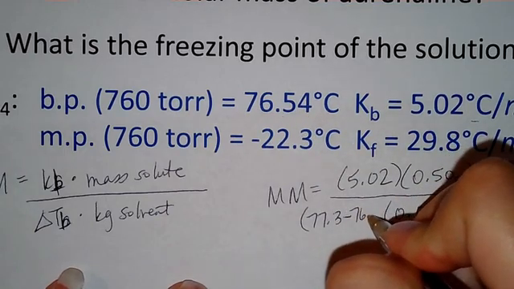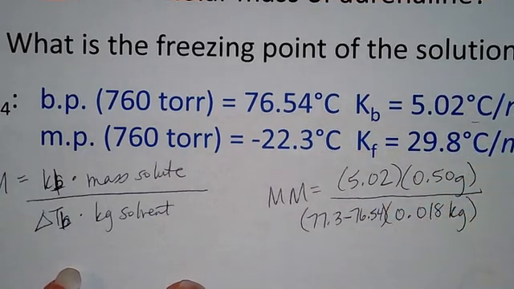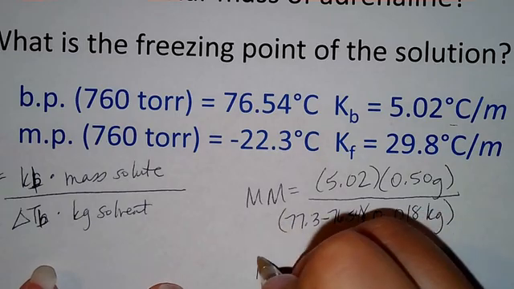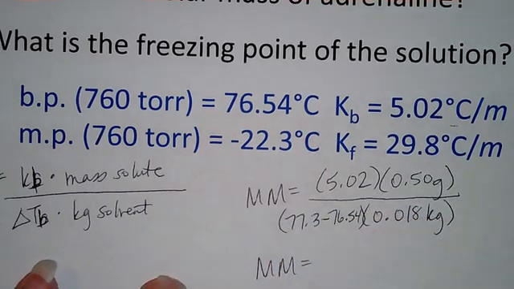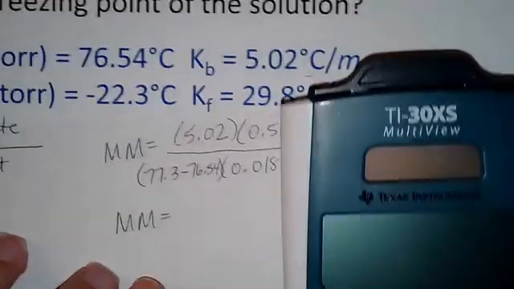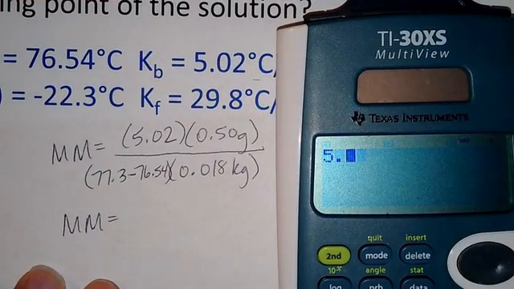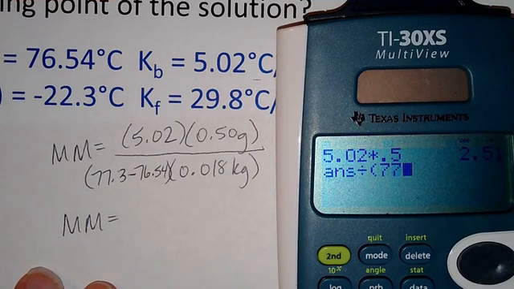Alright, so let's do our math. 5.02 times 0.5 divided by our delta T, and then divided by our kilograms.